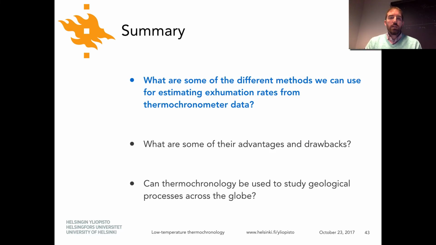So yeah, that brings us here. Just to quickly summarize, if I was just to ask you, what are some of the different ways we can calculate exhumation rates? What do you think? We've seen a few.